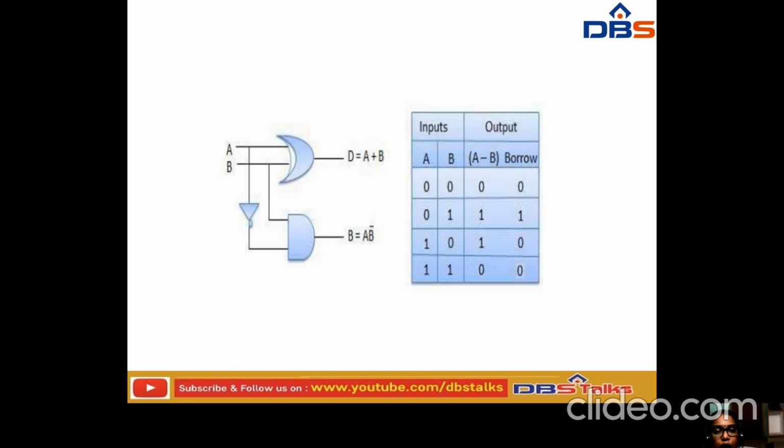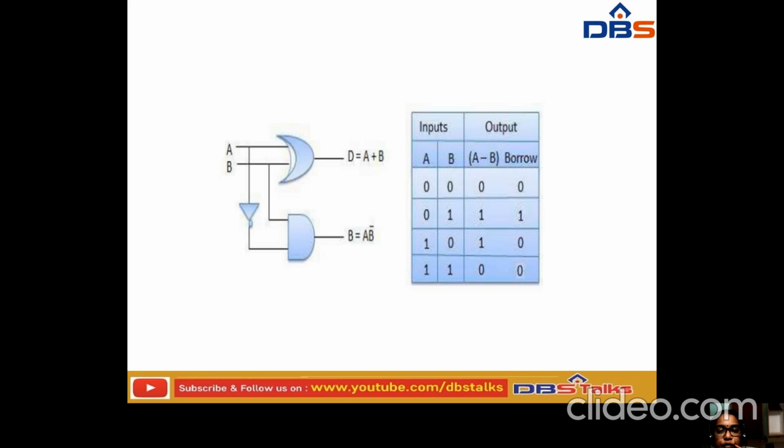If A is 0 and B is 1, the difference between 0 and 1 is 1, and the borrow is 1. If you want to find the difference between 1 and 0, the difference between these two numbers is 1, and we do not have any borrow.